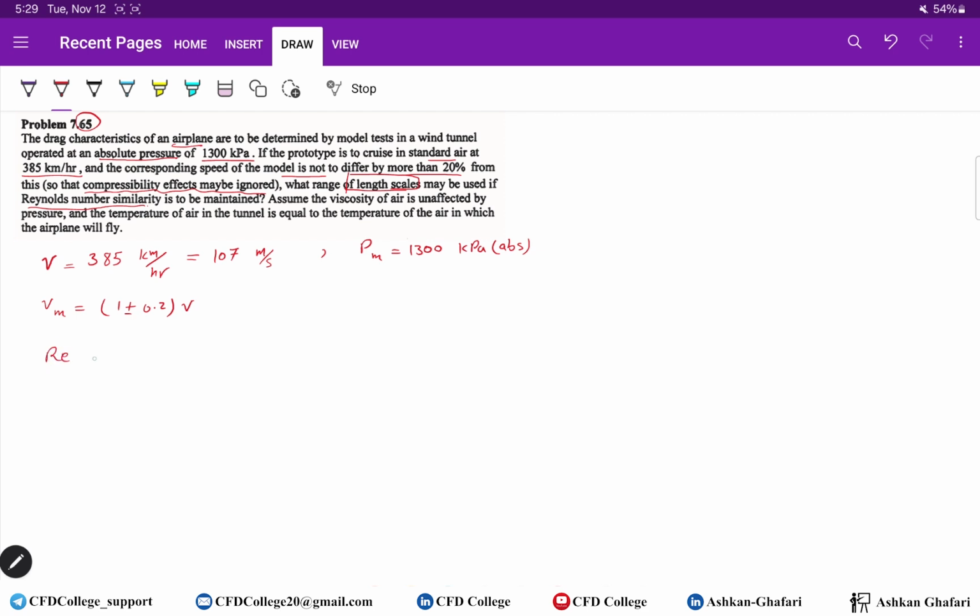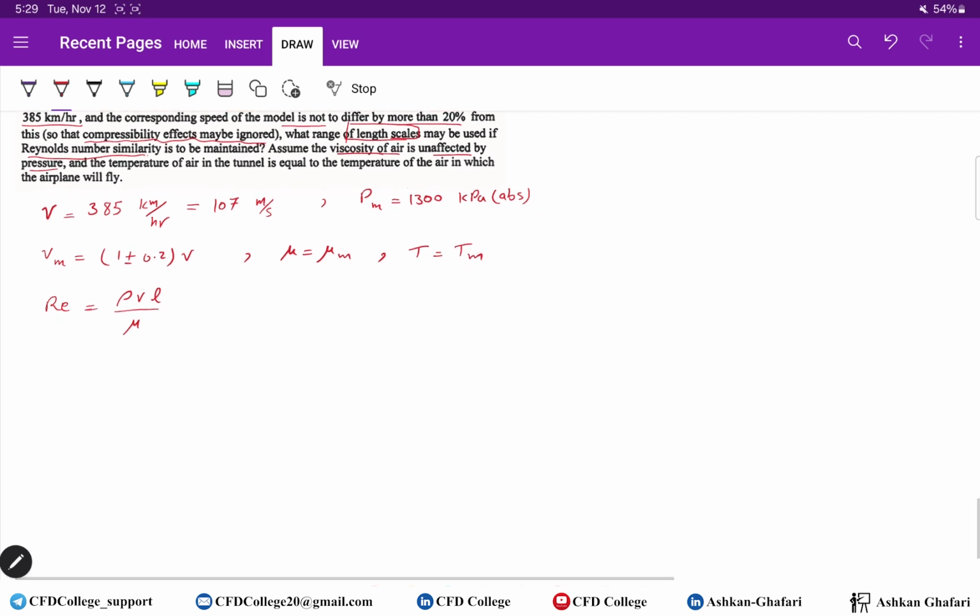As you know, Reynolds number equals rho V d, or rho V L, it doesn't matter, the characteristic length, over mu. Assume the viscosity of air is unaffected by pressure. It means that mu equals mu m. And the temperature of air in the tunnel is equal to the temperature of air in which the airplane will fly. So T equals Tm.